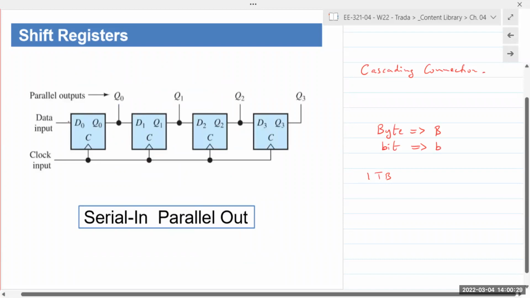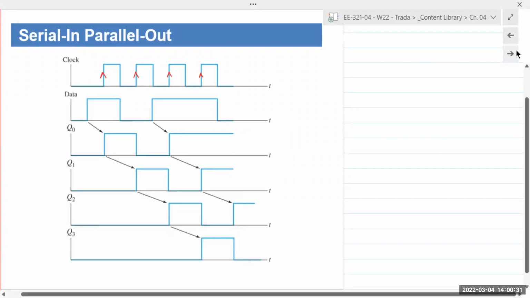So if you look at the timing diagram, this is when it changes for Q0. Every time there's a positive going edge, that is when it changes, right? These 4 times.